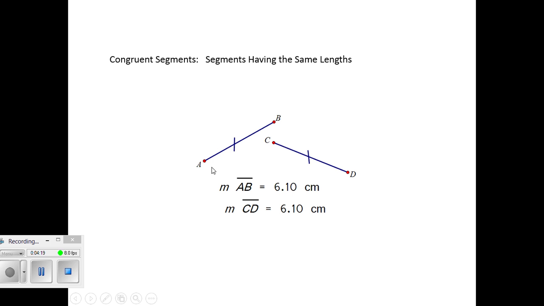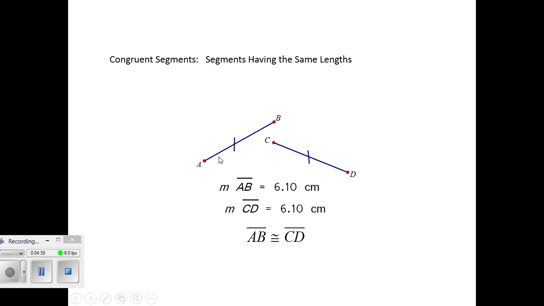Therefore, the two segments are congruent, and we can use this little congruent symbol here, which is the equal sign with the wave across it, to imply the congruence. So that's reading segment AB is congruent to segment CD because they have equal lengths.